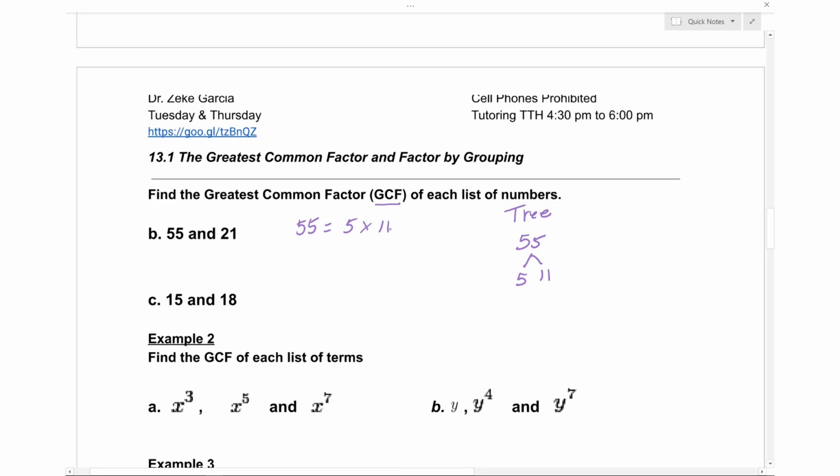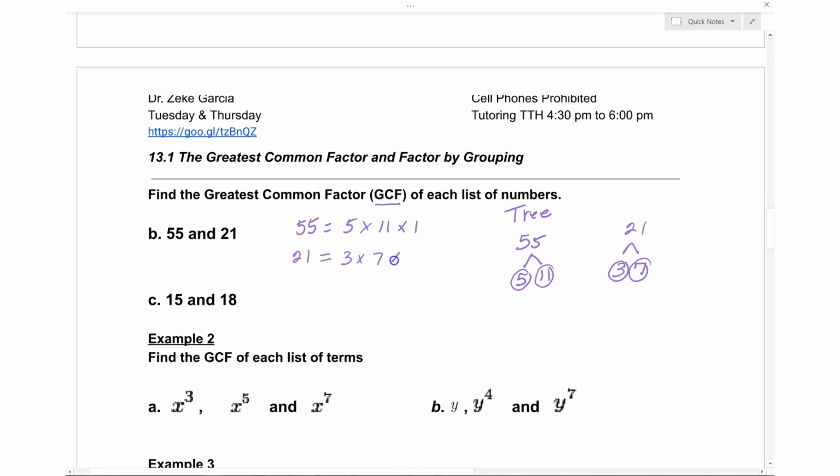We're going to also do this for 21. 21 is 3 times 7. And like I said, 5 and 11 are prime. 3 and 7 are also prime. And you can see the list of factors. They don't have a common factor, but they do have 1 only.